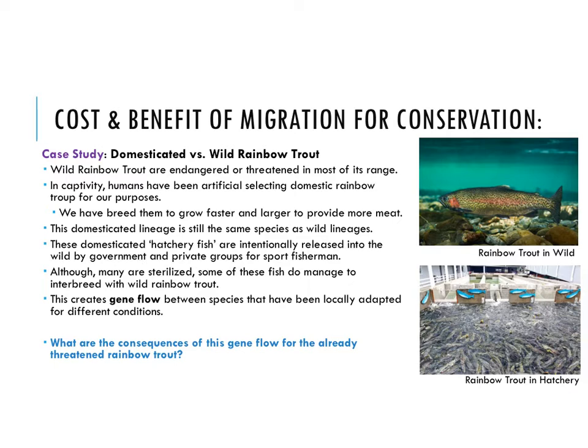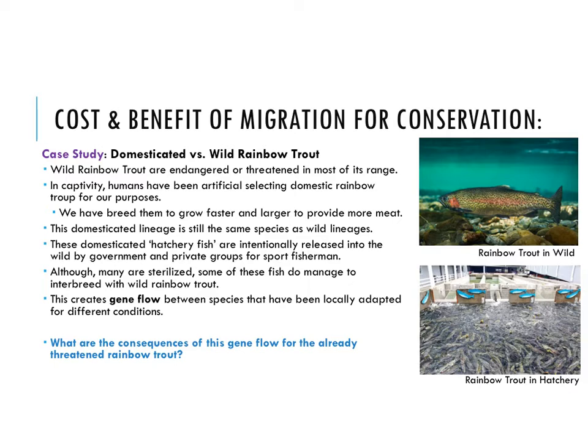Those are local adaptations, all right? And so they have wild counterparts, members of the same species who are wild. Most of our domesticated organisms, animals and plants, have them. So what happens when the domesticated organisms escape into the wild and start interbreeding with the wild population?